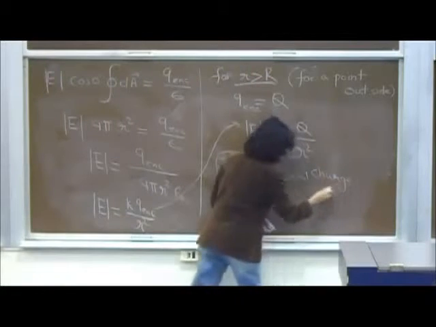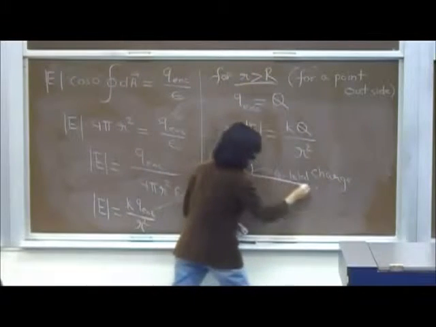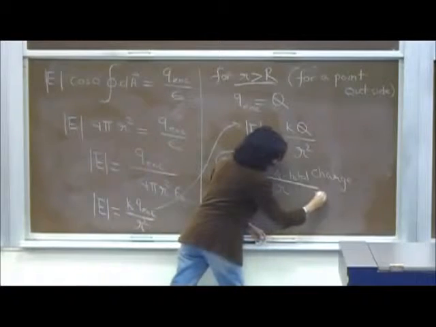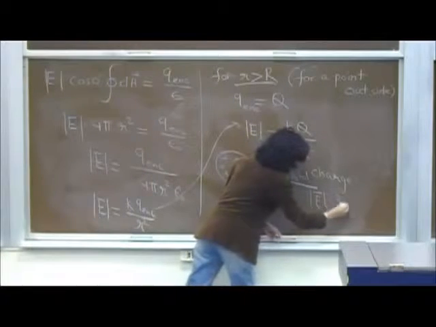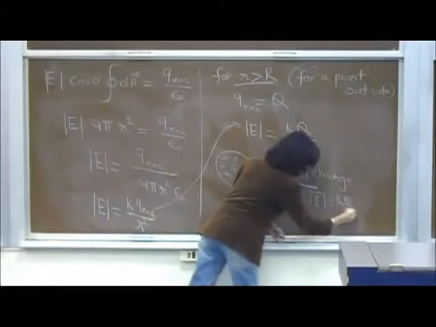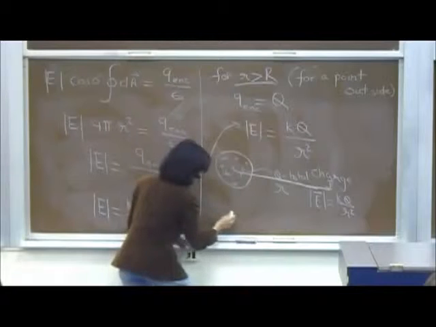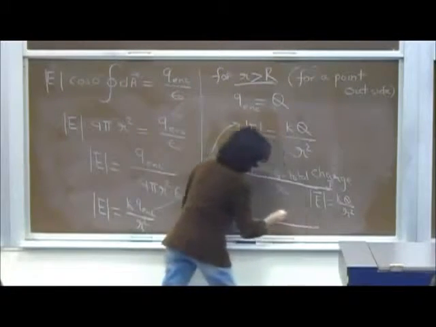And if you are looking at a point at a distance r from the center, the electric field at this place has a magnitude kQ over r square. It's radially out, and it is just as though all of these charges were just at a point.